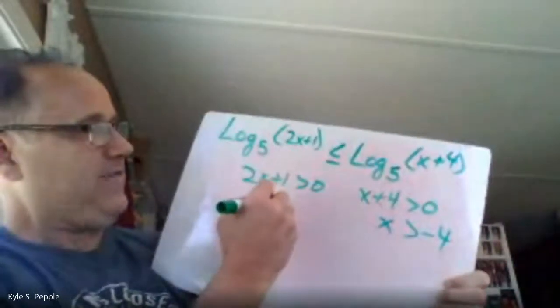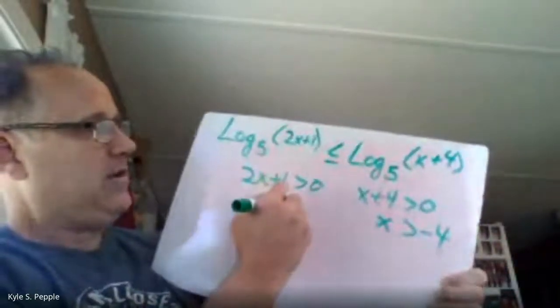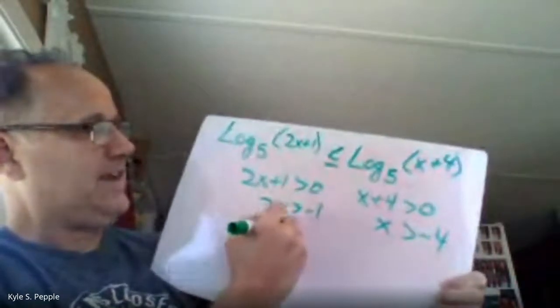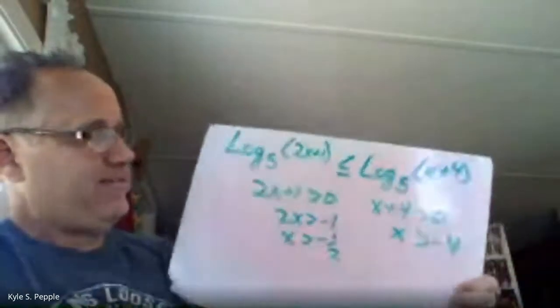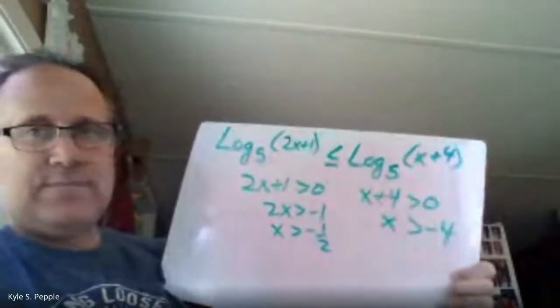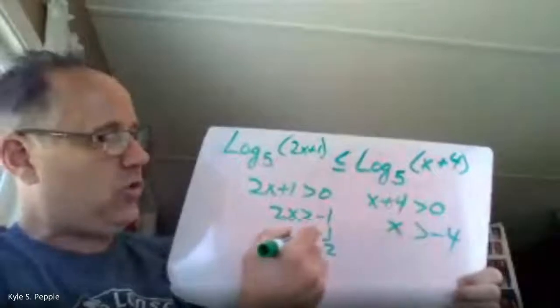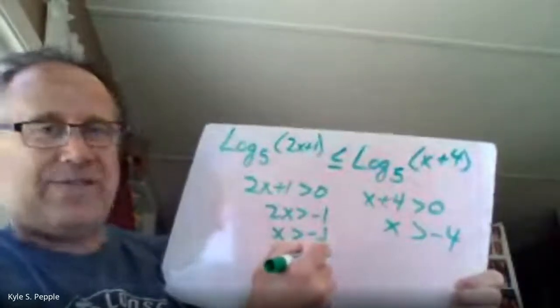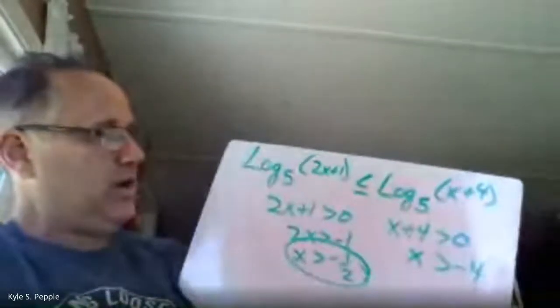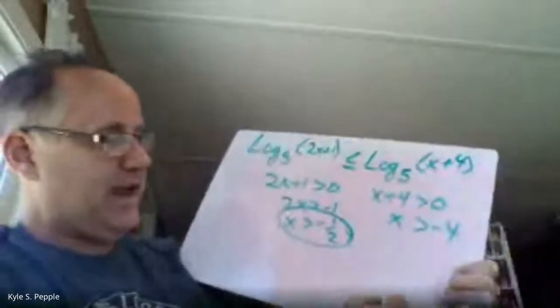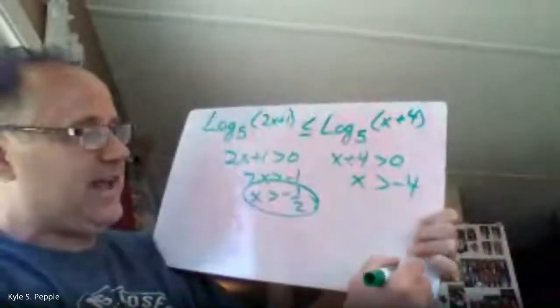Here we're going to have -1, 2x greater than -1. X needs to be greater than -1/2. Okay. So we're going to have this same thing. If it needs to be greater than -4 or greater than -1/2, this is the one we're going to use. So we know that x needs to be greater than -1/2.